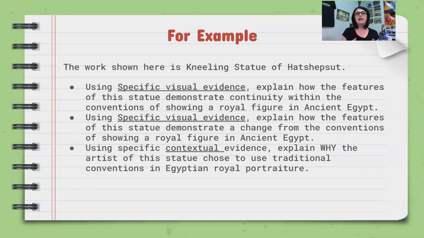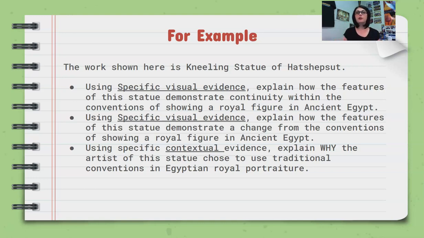But if you have the statue of Hatshepsut kneeling, notice it's saying specific visual evidence. That is one of the most important things for you to remember, that when it's asking for specific visual evidence, it means what could you point to on the work of art and go, look, right there, right? I can show you this. That right there is proof of this, all right?